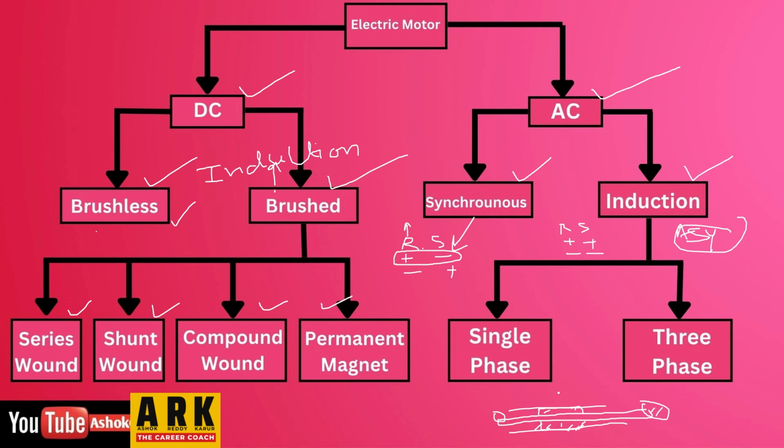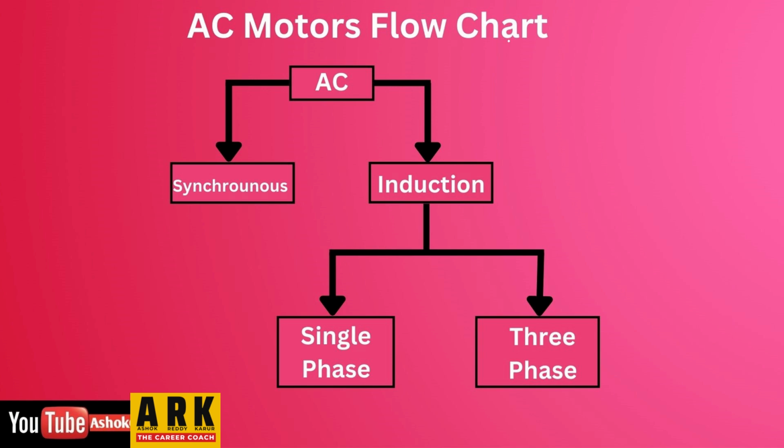So both will be in sync, with the N and S poles the same. That is called induction. Here we have single phase and three phase. Here we will use 230 volts and here 440 volts. Next, the AC motors flow chart.